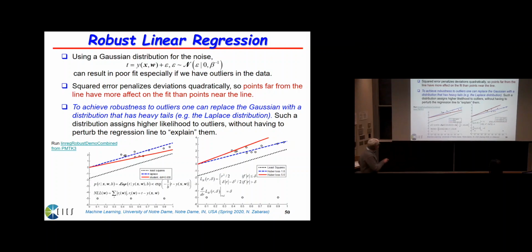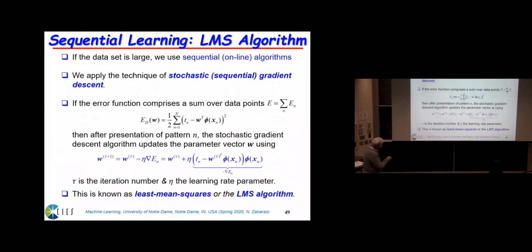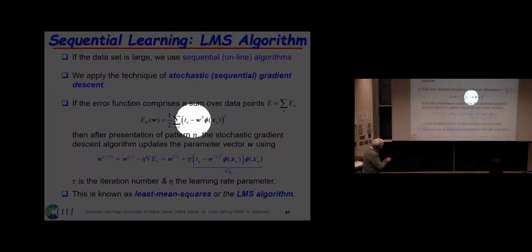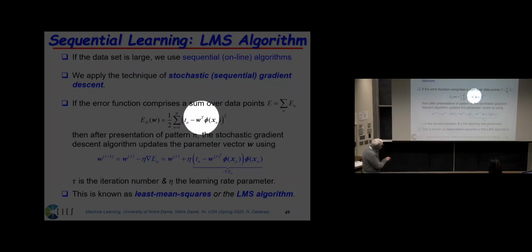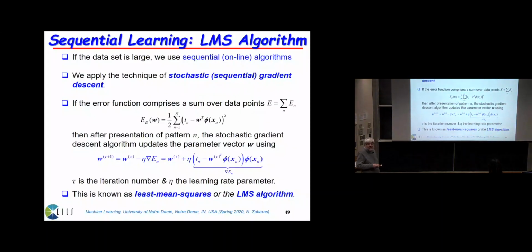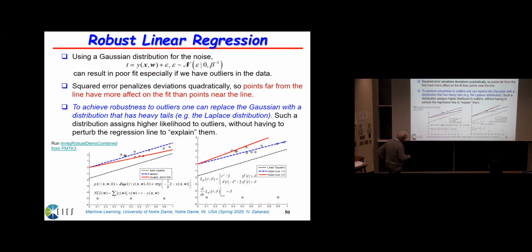So when you look at this function, all right, so let me go back. What it does is it computes the error between Tn and W transpose phi, and it squares that error. So if I have outliers, the distance of a regression function from these points is huge, squared. And you know what that means?